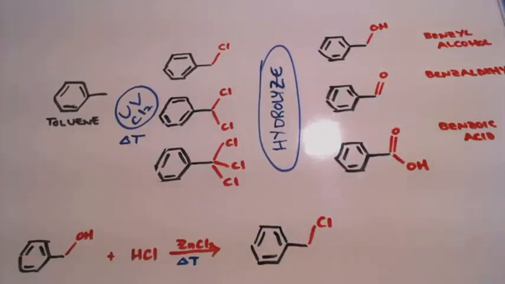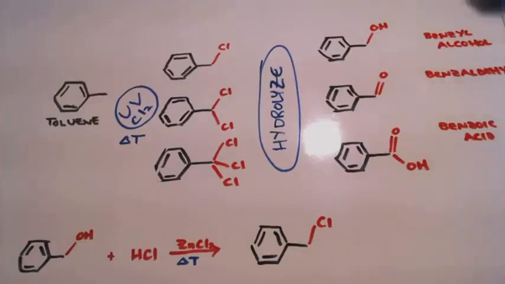So here's another method, right? You can hydrolyze all three of these chlorines off. If you hydrolyze the first chlorine off, you turn it into an alcohol. The next two, each one would be an alcohol, but two alcohols on the same carbon is a carbonyl.